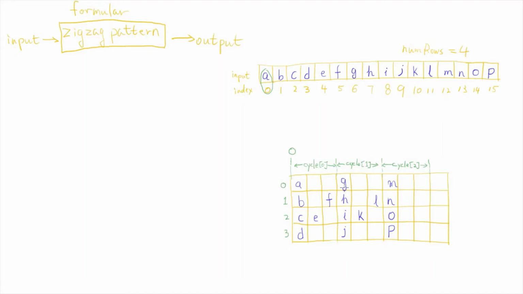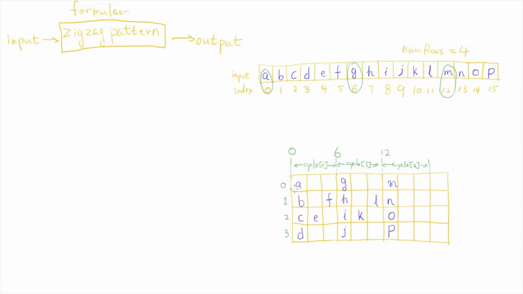And the first character in the second cycle is the letter G, corresponding to the G at position 6 in the input string. So the second cycle starts at 6. And the first character in the third cycle is the letter M. So this cycle starts at 12.